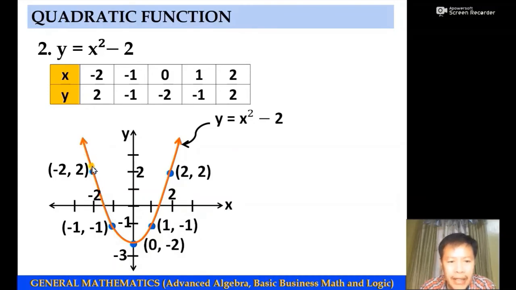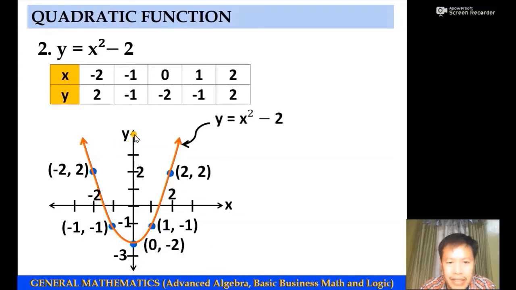Do not connect the points with a line, because this is not a line, this is a curve. Therefore, you are going to connect it smoothly, in which the left side of the graph is just a reflection of the right side. Whatever the physical appearance of the graph here must also be the physical appearance of the graph there, because this graph is the mirror of this one.